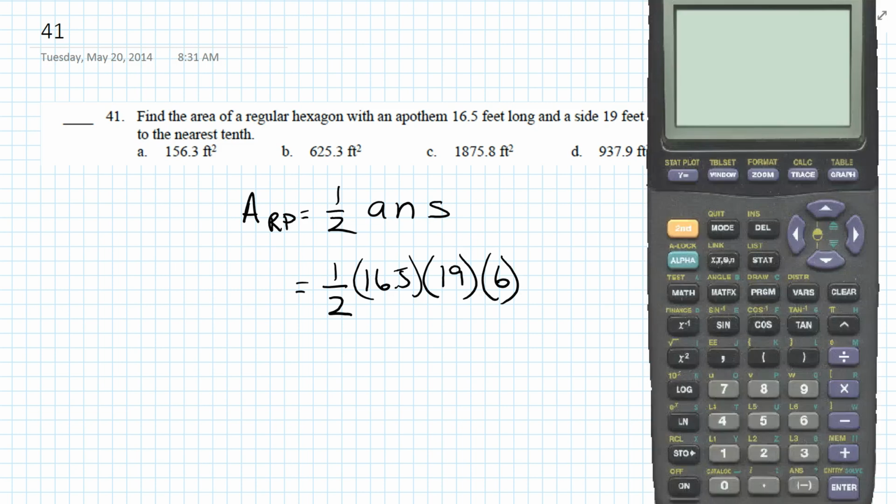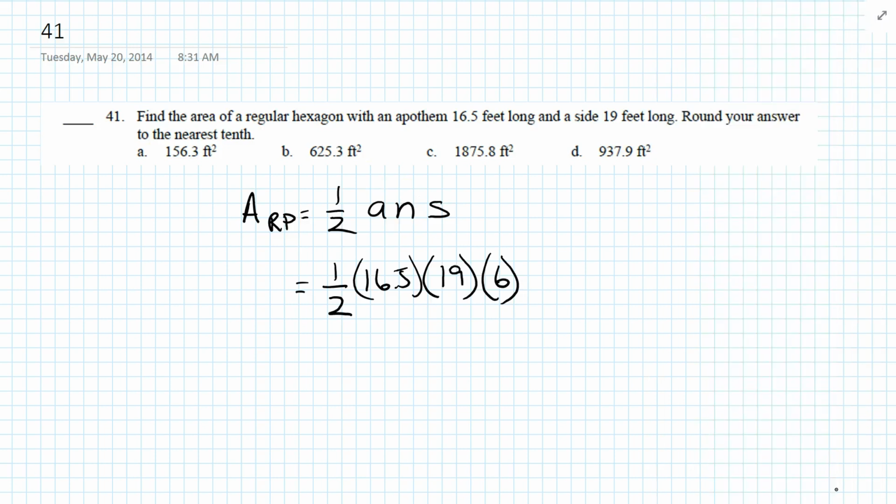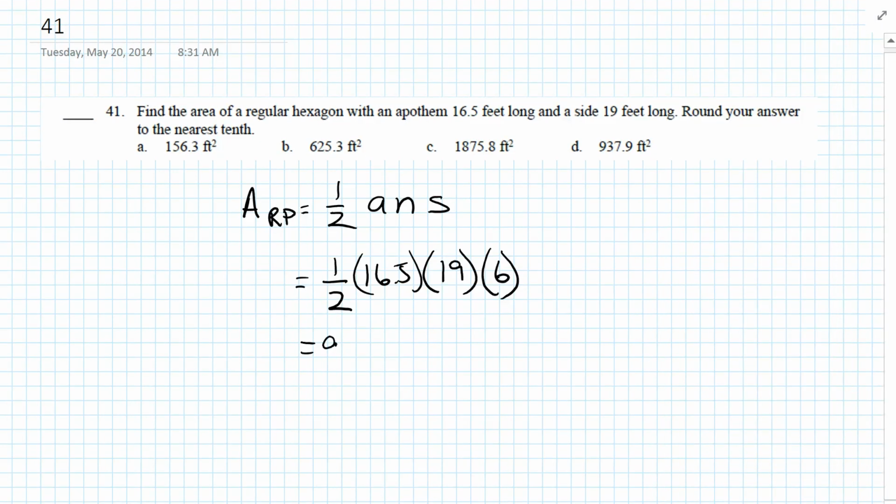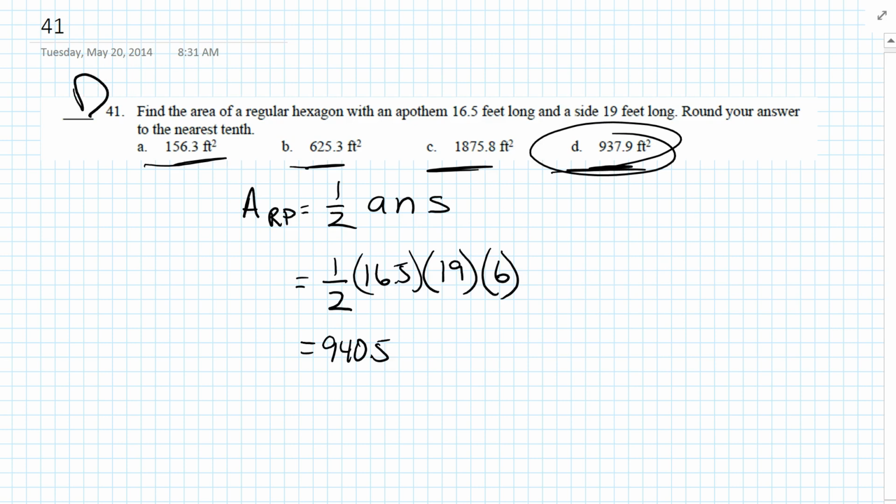So we get a handy dandy calculator out for this one. It's going to be 16.5 times 19 times 6 divided by 2. 940.5. Okay, I don't see an answer that looks like 190 or 940.5. D's close enough for us. We'll go with D.